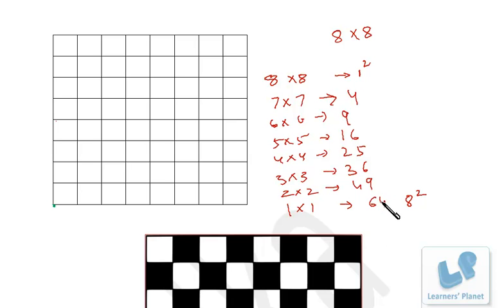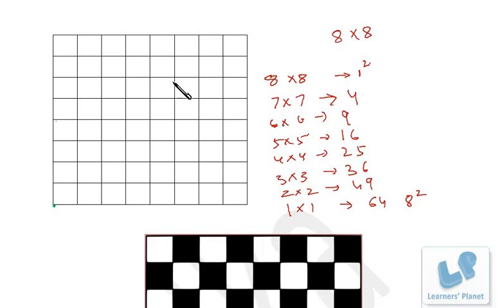So this is how you can learn it. Just reverse the series. Okay, 8 by 8, 7 by 7, 6 by 6, 5 by 5, 4 by 4, 3 by 3, 2 by 2, 1 by 1. You start writing in reverse order: 8 by 8, 7 by 7, 6 by 6, 5 by 5, 4 by 4, 3 by 3, 2 by 2, 1 by 1, right?